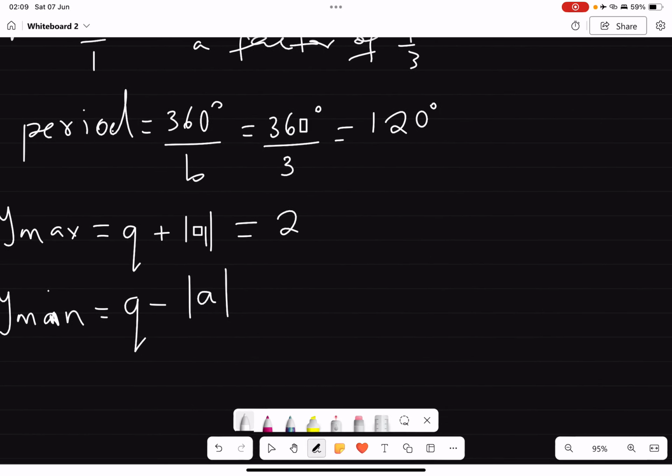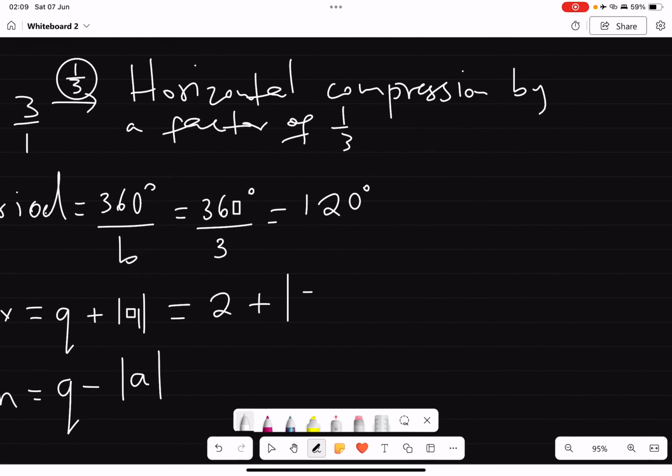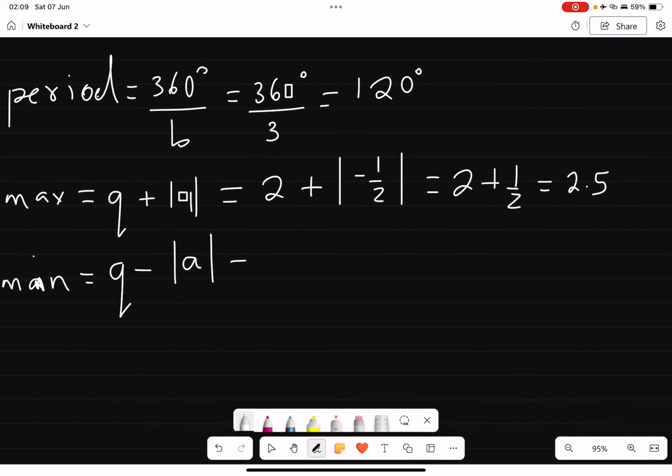So our q was 2 plus the absolute value of negative half, which will come out as 2 plus half, which is 5/2 or 2.5, right? That is our maximum. And then obviously here we just change the sign, then that will be 2 minus half, which is 1.5.